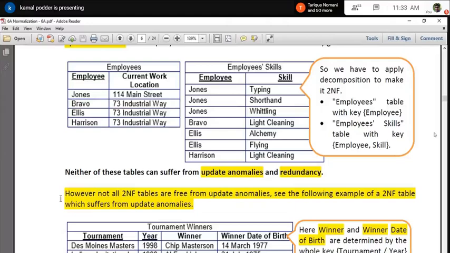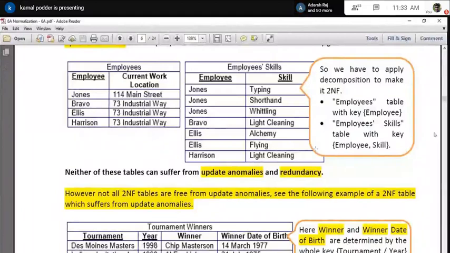Or the other thing is also, in both cases definitely it is satisfying the first normal form. If you get a table where the prime column is not a composite key, here if you see this, this is the prime column which is not a composite key, then you can say that the table is in second normal form.